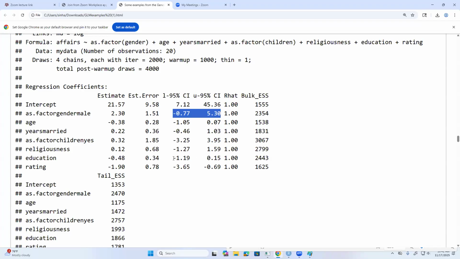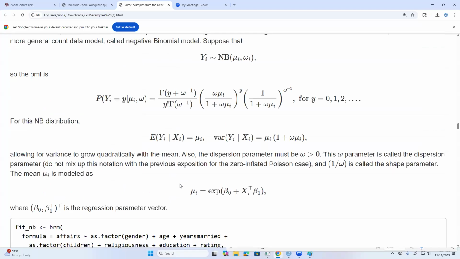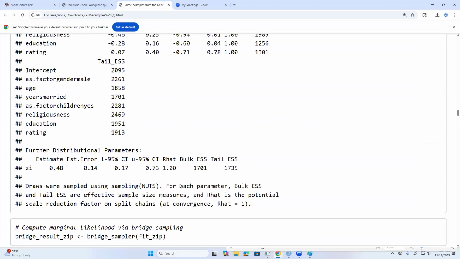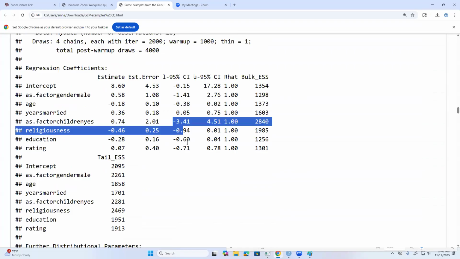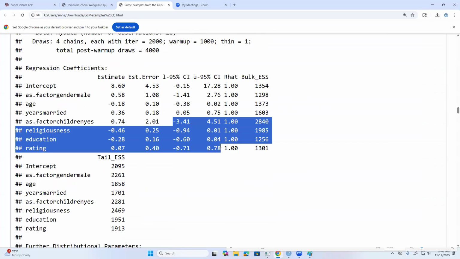Education seems not to have any significant effect, right? Did we see any effect of education in the zero inflated model? No, we did not see it. Also, for religiousness, we did not find any significant effect. So these four predictor variables all don't have any significant effect.